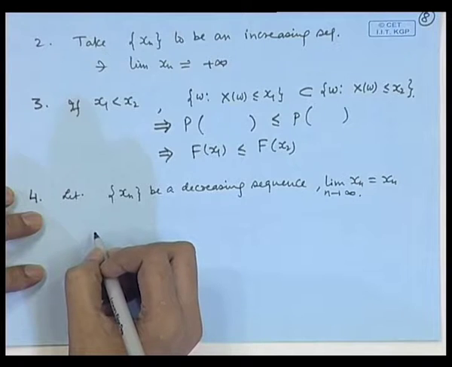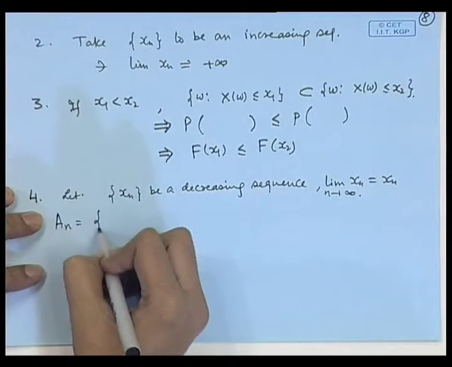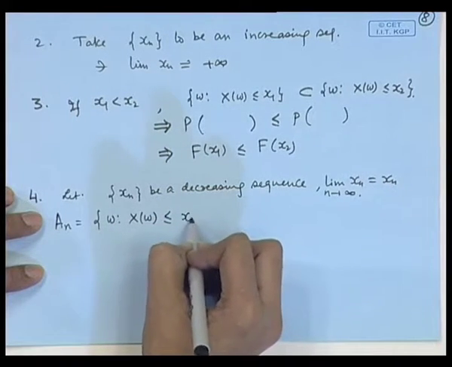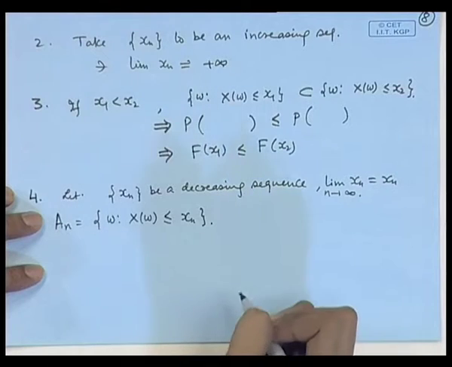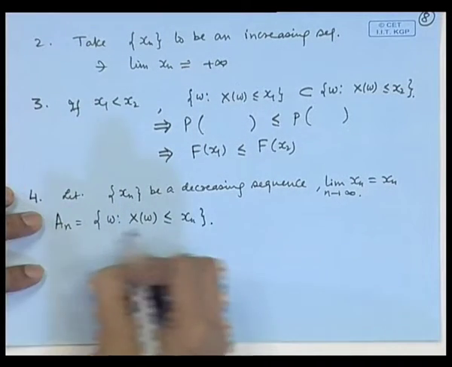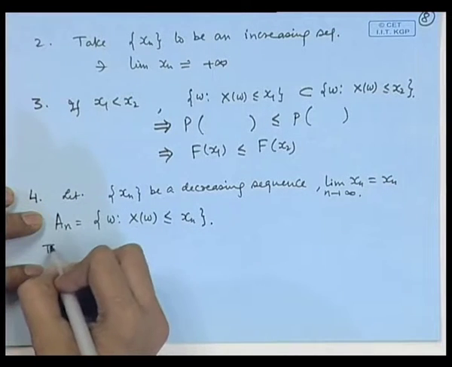Now, consider the set A_n as the set of all those points such that X(omega) is less than or equal to x_n. Then these are measurable sets. A_n is a decreasing sequence.